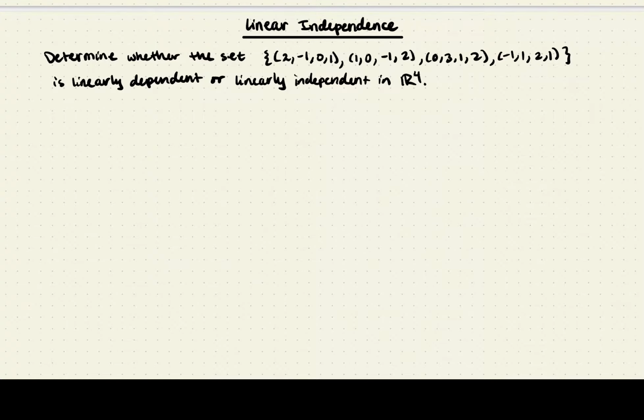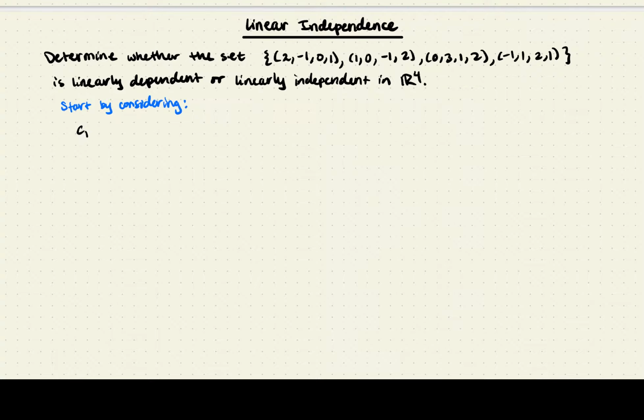Whenever we have a set of vectors, or really a set of elements in any vector space, and we want to determine whether or not those vectors are linearly dependent or independent, we always start by considering a linear combination of those vectors and set that equal to whatever the 0 vector is in that space. So we start by considering the following equation.